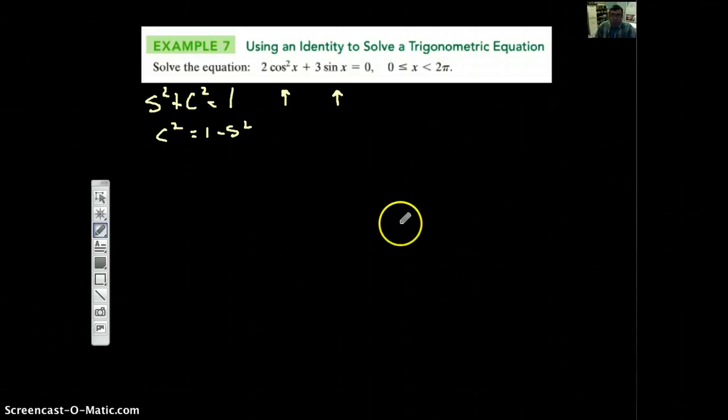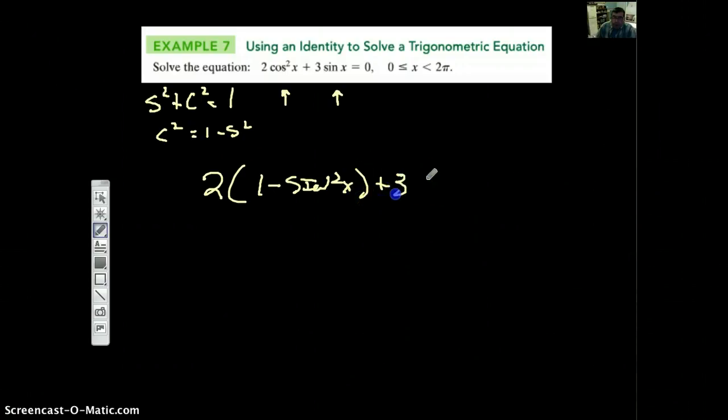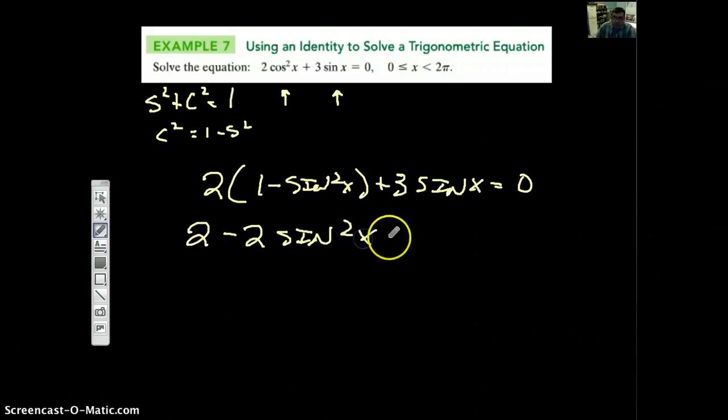So what I'm going to do is rewrite this 2 times 1 minus sine squared plus 3 sine of x is equal to 0. Now this is going to be 2 minus 2 sine squared x plus 3 sine x is equal to 0.